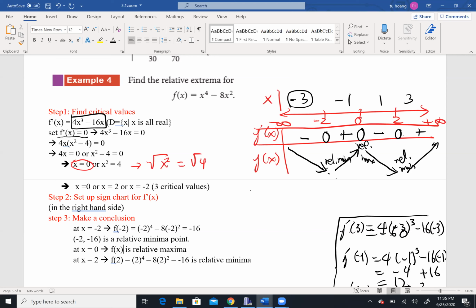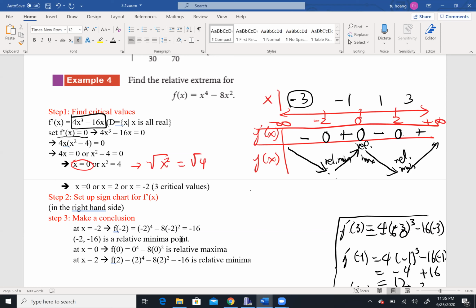And for this one, f of 0 will equal 0 to power 4 minus 8 times 0 to power 2.